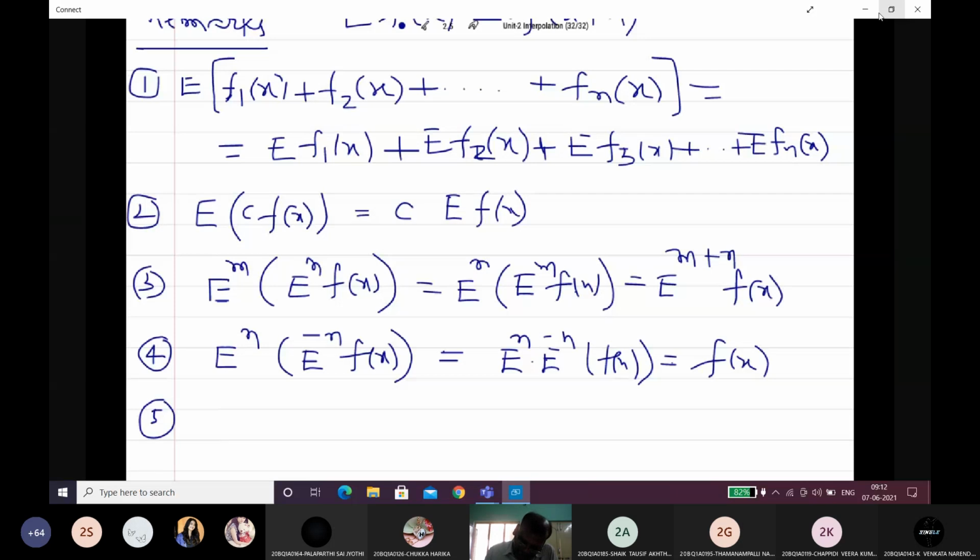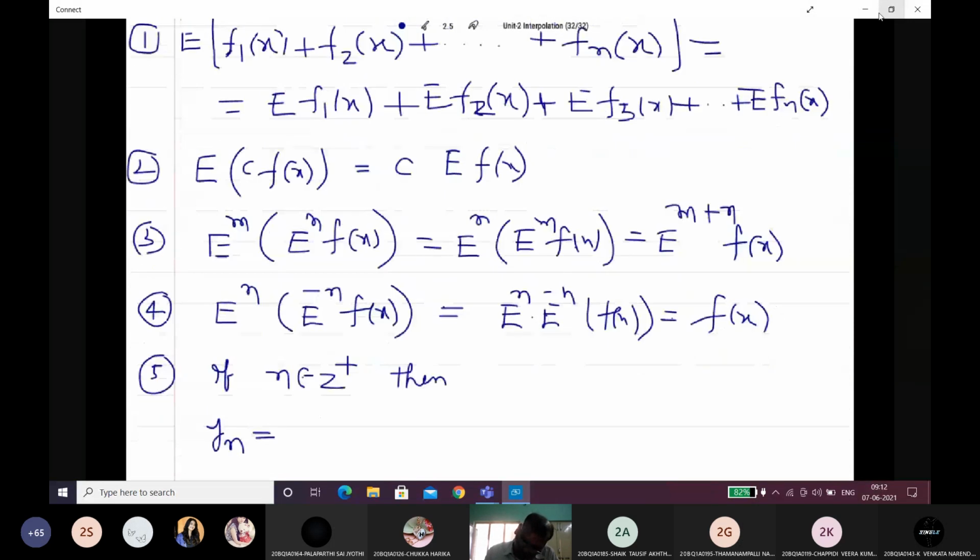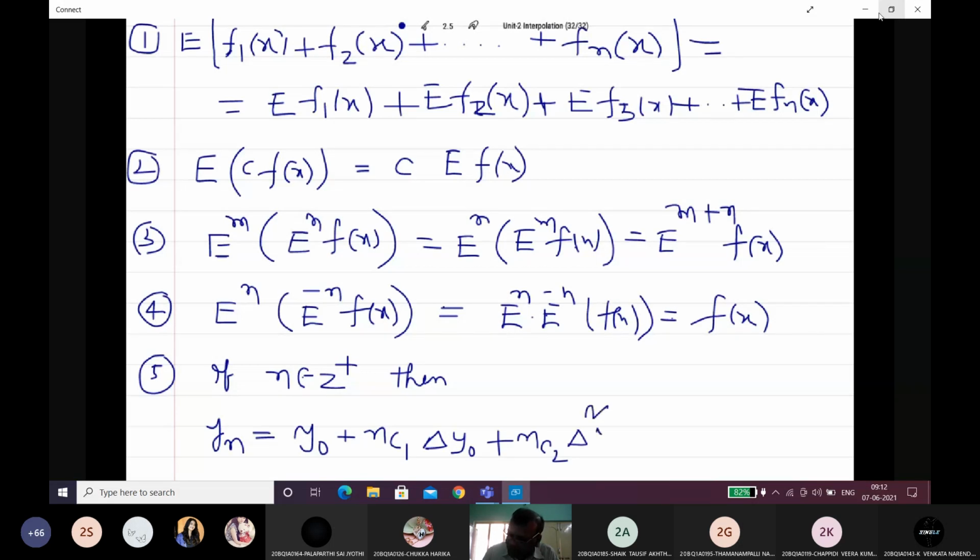If n belongs to Z plus, meaning positive integers, natural numbers, then y_n is equal to y_0 plus nC1 delta y_0 plus nC2 delta square y_0 plus and so on, up to nCn equal to 1.